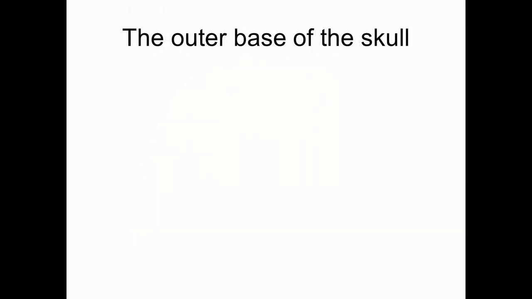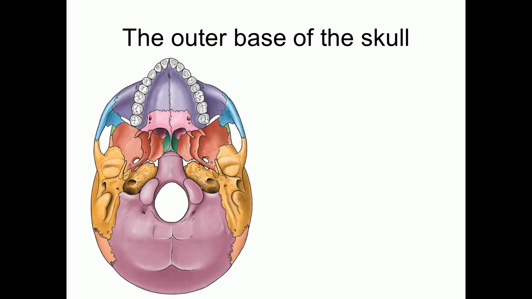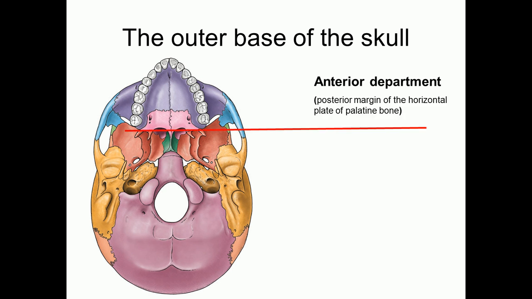Outer base of the skull. Here it is, a picture which demonstrates the outer base of the skull. For us, it is very important to understand how we can divide it into departments.